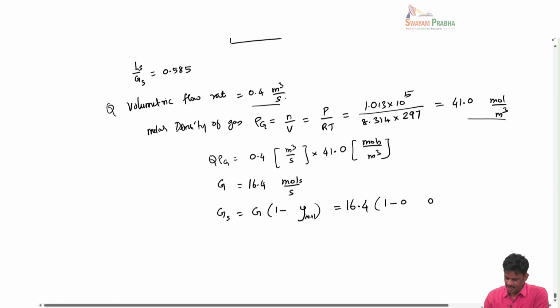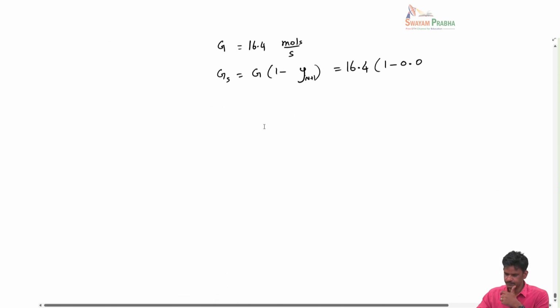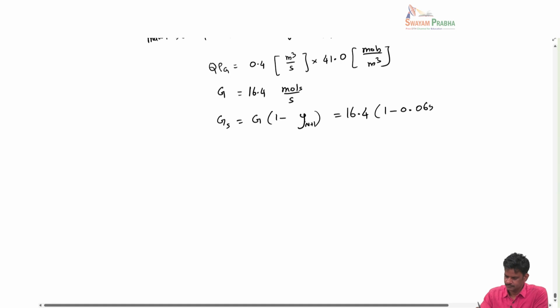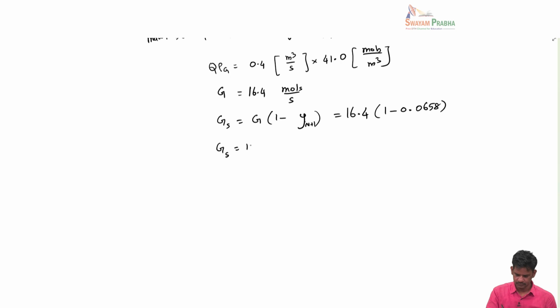So 16.4 and y n plus 1 is 0.06658. So you'll get Gs as 15.32 moles per second, and I know that Ls by Gs is 0.585.